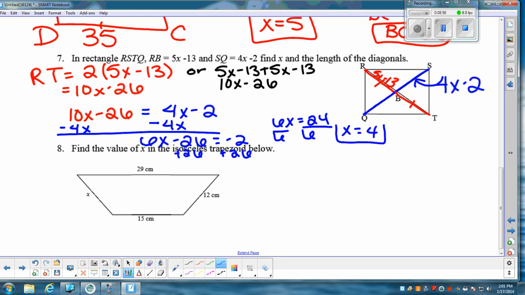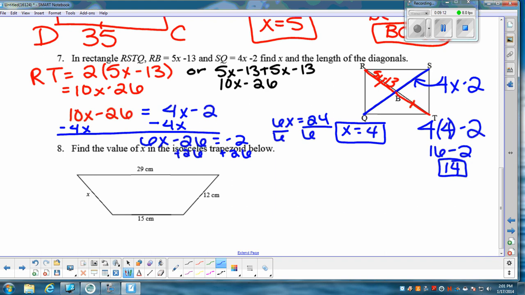So we get that x equals 4, and then we go back and we plug it in to figure out the length of our diagonals. So 4 times 4 minus 2 is 16 minus 2. So our diagonals have a length of 14.